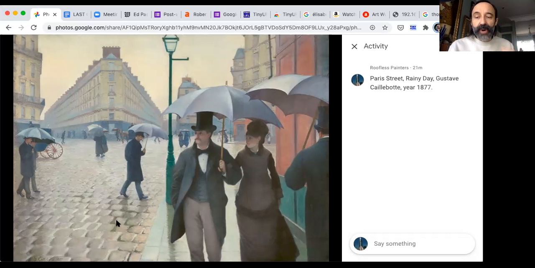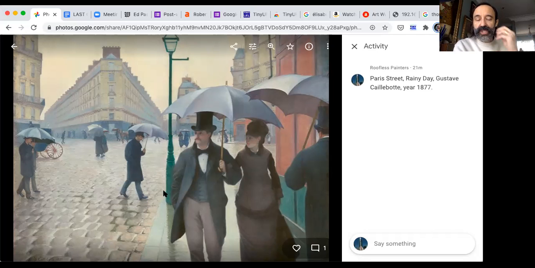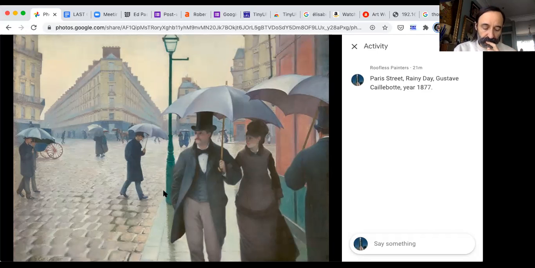The most colorful thing in the painting is the street lamp, which is so fascinating, because the fact that the rest of the colors are bleached creates a sense of atmosphere. And the word atmosphere is very important, because I'm going to use it with the next few paintings.